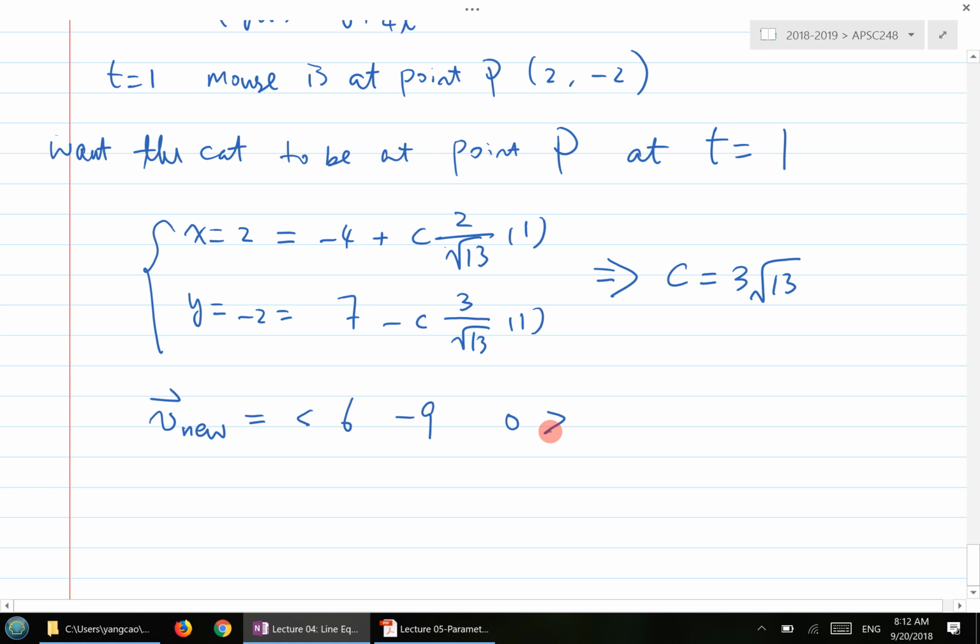So that's your new parallel vector. And then your new equation for the cat will be, okay, that's your new cat motion here, right?